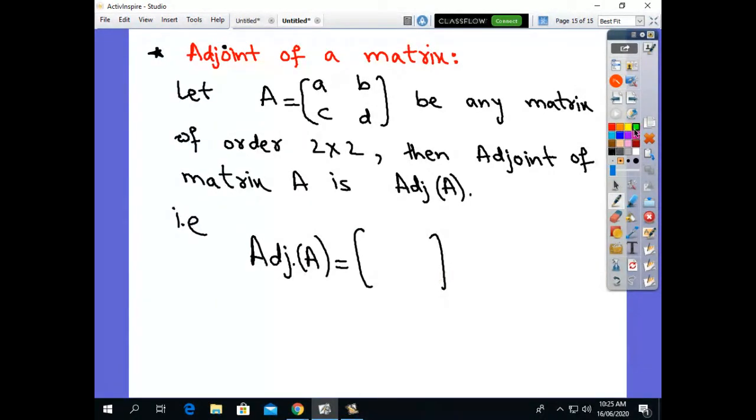We replace the values of the principal diagonal. The principal diagonal is a and d. That is, instead of a we write d, and instead of d we write a.